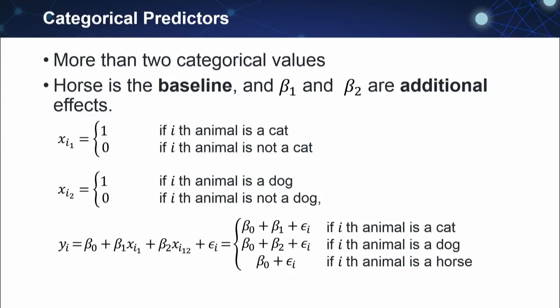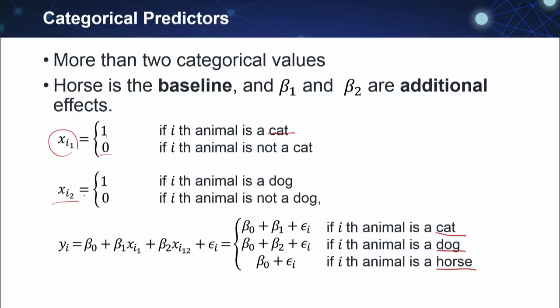So how about more than two categories? In short, we need to introduce more dummy variables. Let's consider the variable can be cat, dog, or horse. Here, we introduce a dummy variable for cat and another dummy variable for dog. So x1 is 1 if it's a cat, and 0 if it's not a cat.